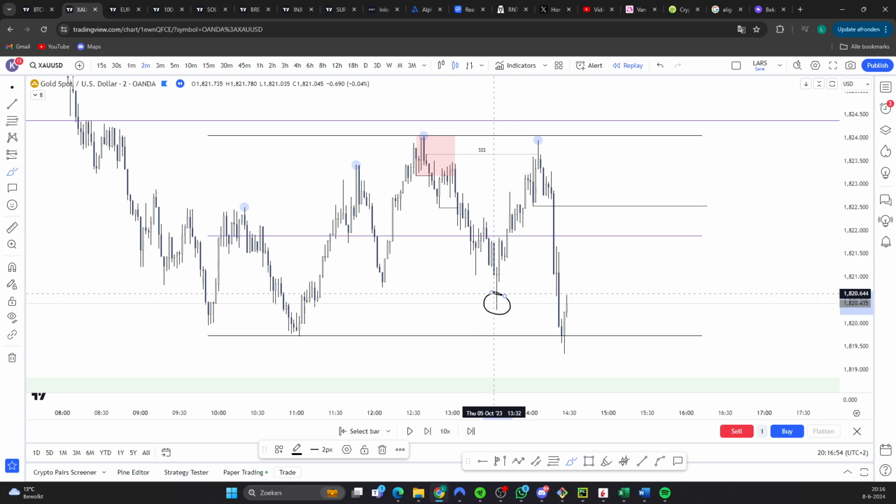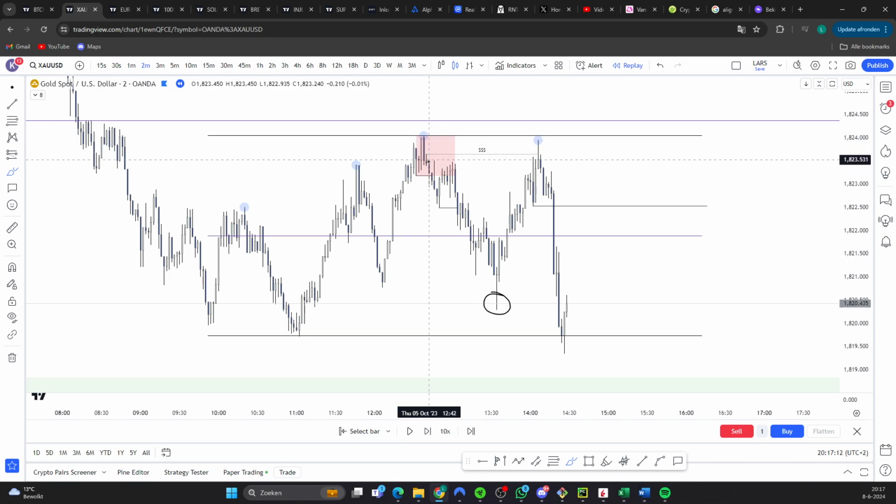Now if our stop loss gets hit, we're not risking 1% anymore, we're risking like 0.5%. So you make around a 1% gain even if your stop loss gets hit. In that situation, leave your stop loss above this point because that's the clear invalidation.